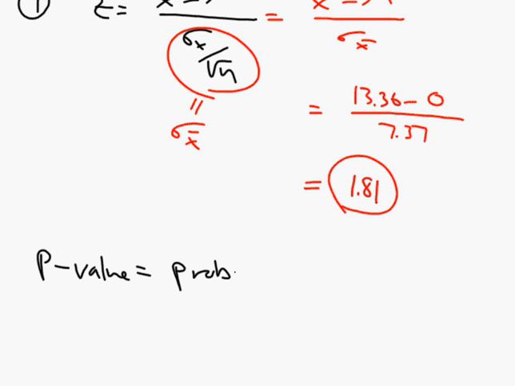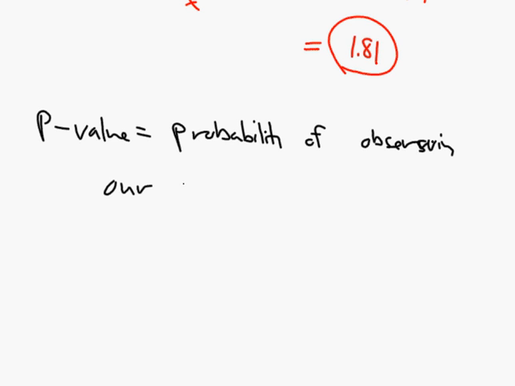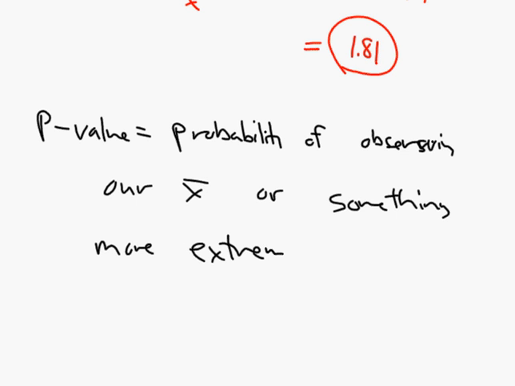P-value is the probability of observing our x bar or something more extreme than our x bar.